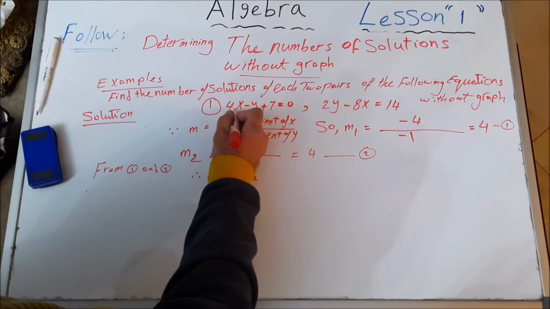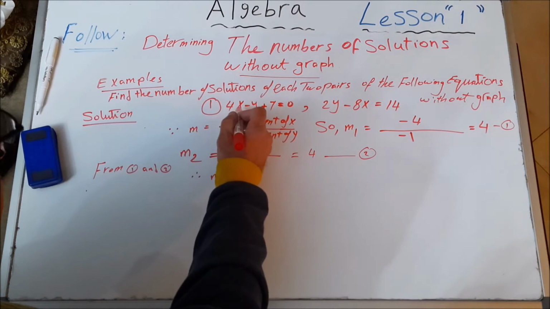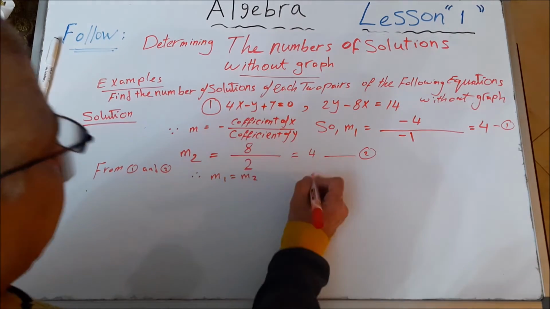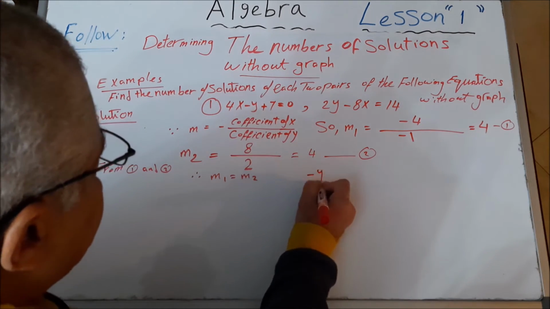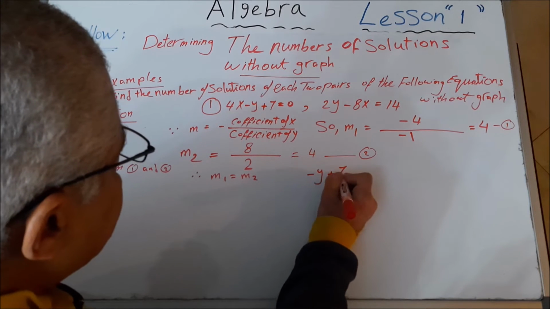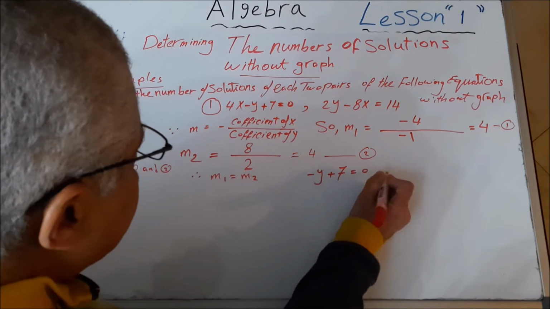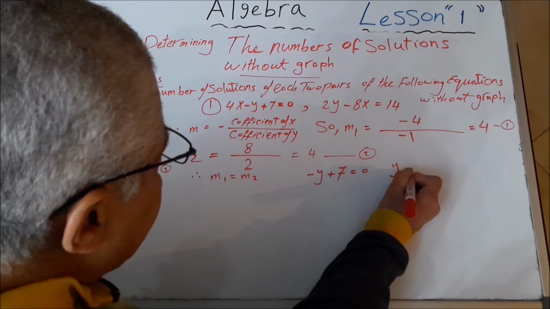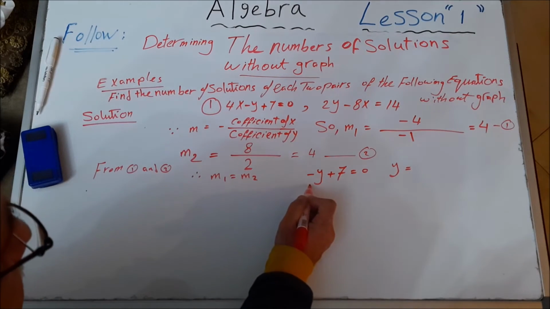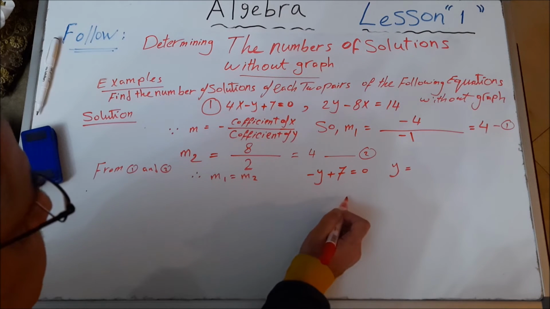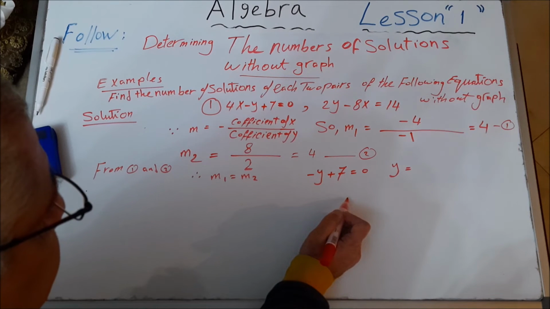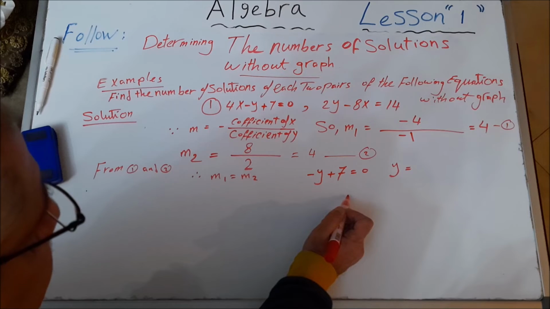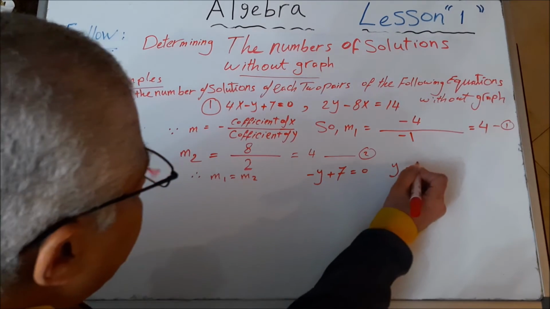So in the first equation 4 by 0 equals 0 minus y plus 7 equals 0. So y equal, minus y transfer to the other side with positive sign, so y equal 7.